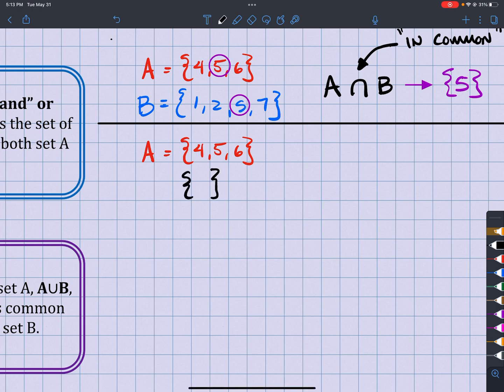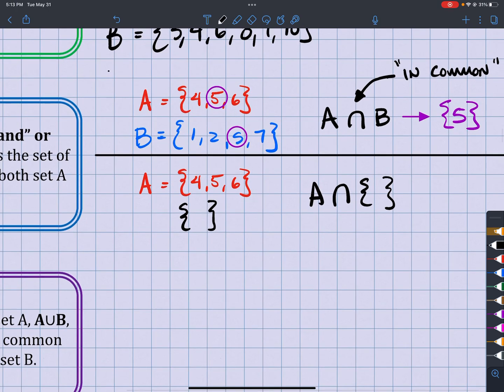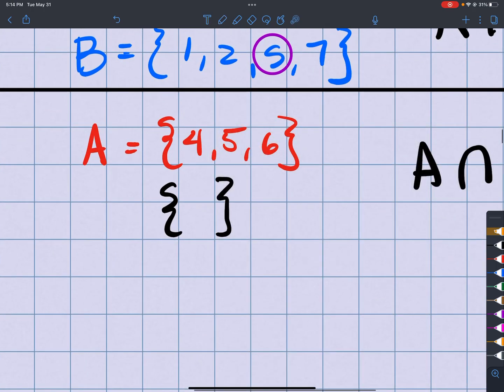So in other words, I'm taking A and intersecting with the empty set, all right? Intersect means what's in common. Well, if you look at the numbers here, you see 4, 5, and 6. If you look in here, what's in there? Absolutely nothing.